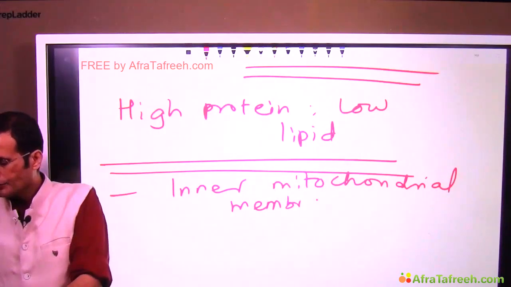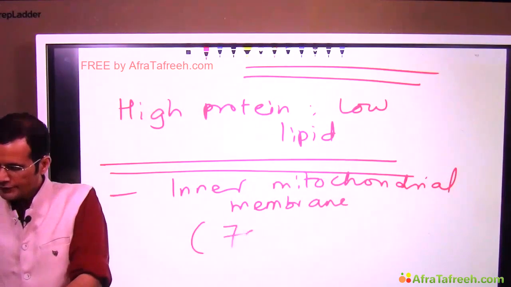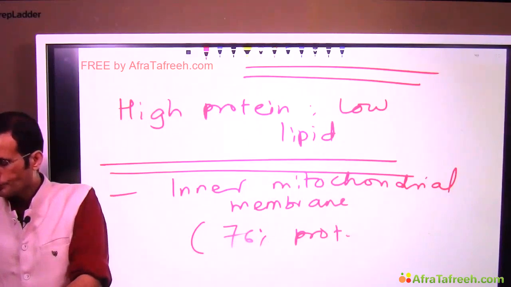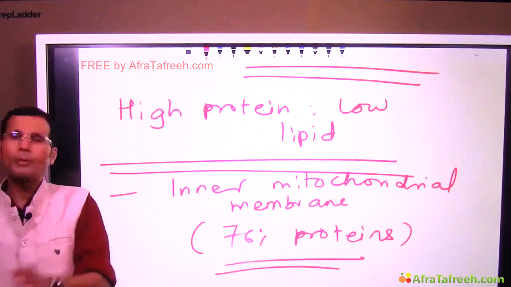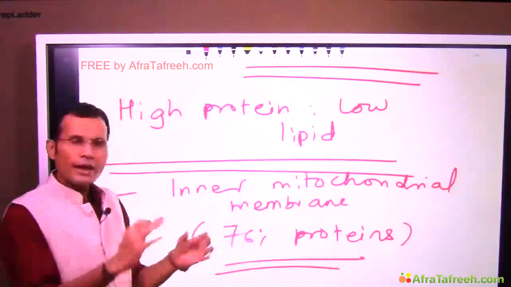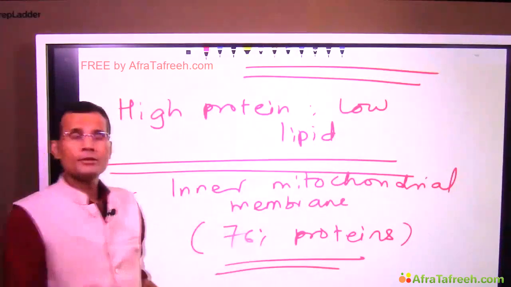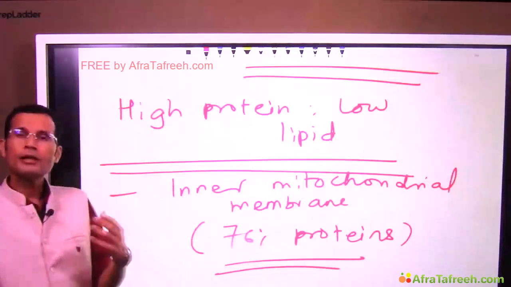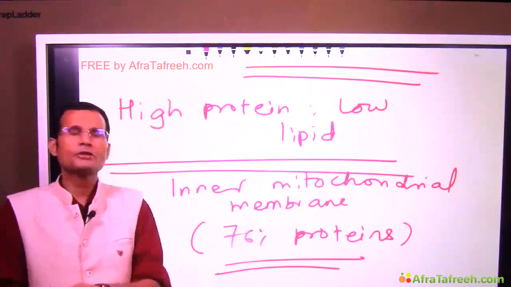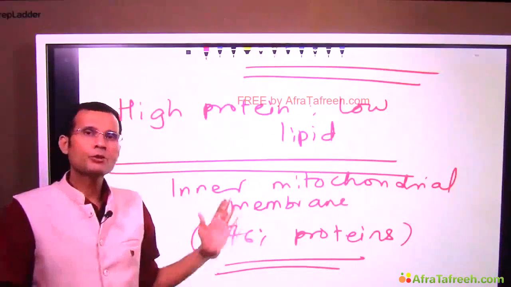This has the ratio reversed. It contains 76% proteins. That will be easy to remember because all those enzymes in the mitochondrial membrane are proteins. And remember, therefore, the highest protein concentration is in the inner mitochondrial membrane.